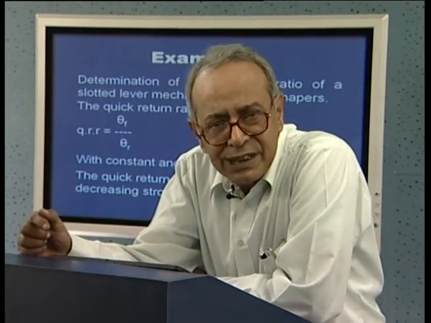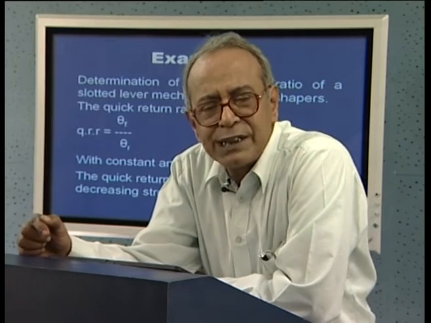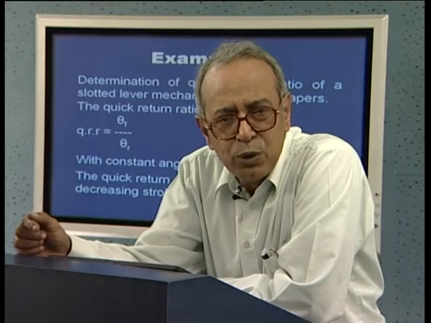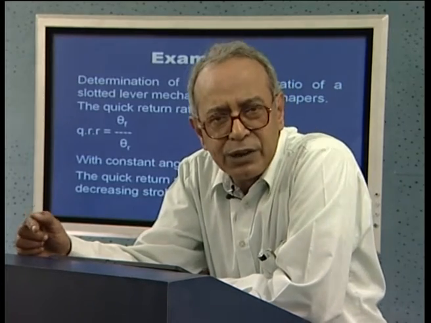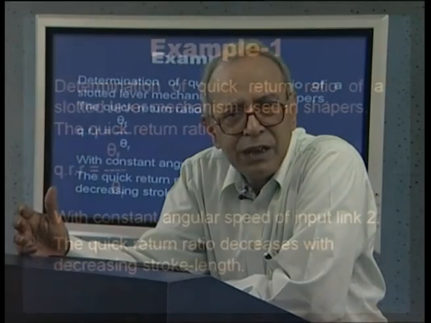So, we shall see first the model of such a Whitworth quick return mechanism, then pose the same problem as example 2, determine the quick return ratio of this Whitworth quick return mechanism, and also see how it is independent of the stroke length of the tool. So, before showing you the model and solving the problem, let me restate the problem for your benefit.